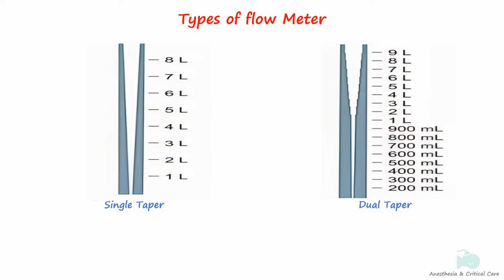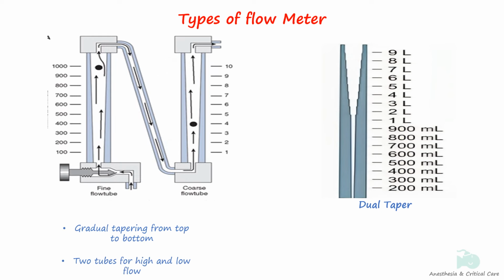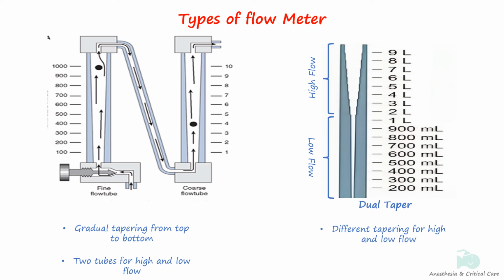Single taper has a gradual increase in diameter from bottom to top and is used when there are different tubes for high and low flows. Dual taper has two different tapers inside the same tube, where the opening gradually increases from bottom to 1 liter per minute for low flow and then increases more rapidly above 1 liter per minute for high flow. So one dual taper tube can be used for both high and low flow.